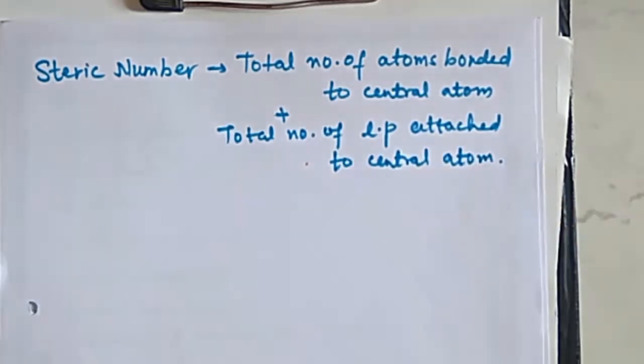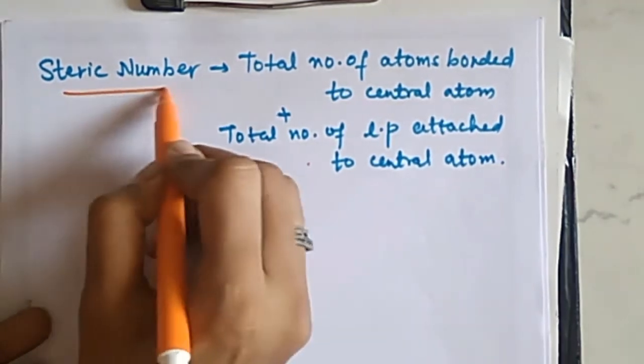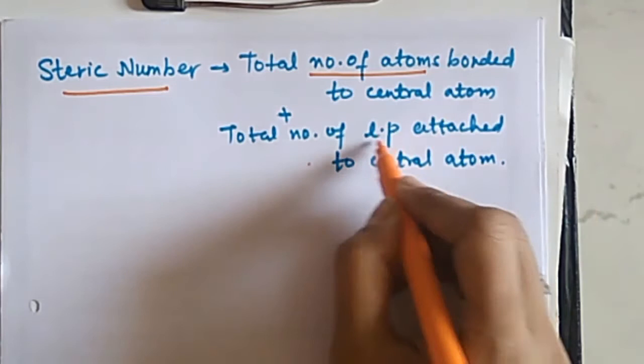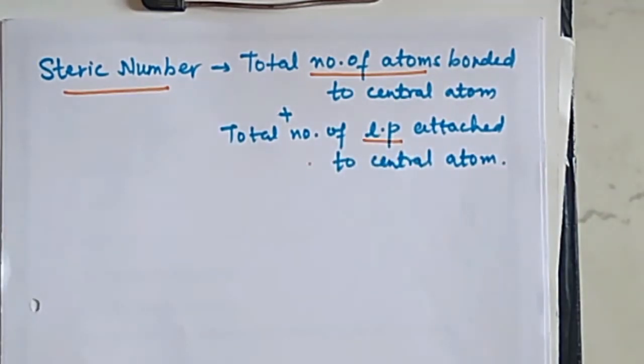So in all, the steric number gives the total number of atoms that are bonded to the central atom plus the number of lone pairs attached to the central atom.